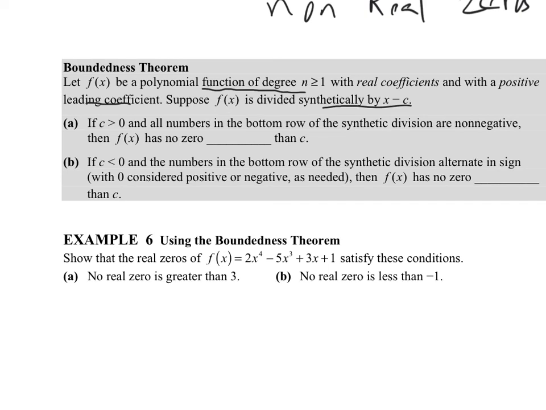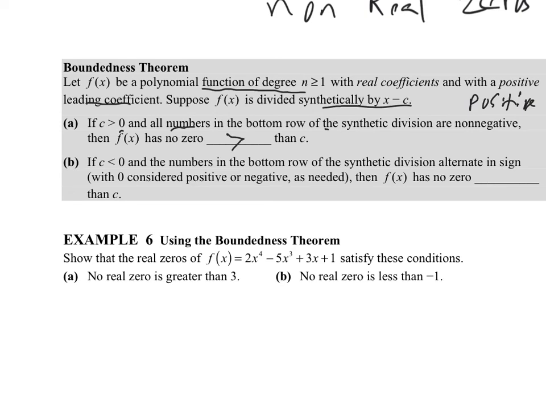if c is greater than 0, that means basically all you did is plug in the c. You plugged in a number, and you get a positive number. If c is greater than 0, and all the numbers in the bottom row of the synthetic division are positive, he says non-negative, then f of x has no zero greater than c.